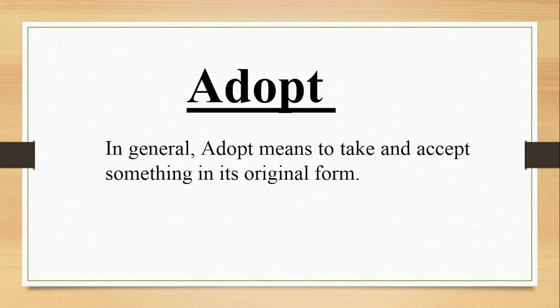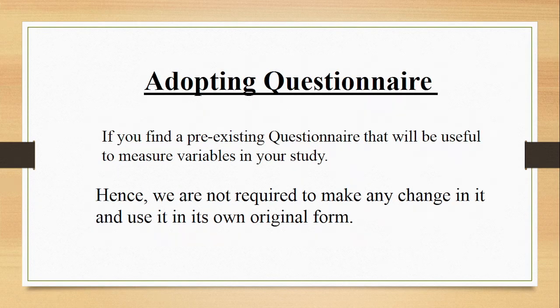In English, generally, the word adopt means to take and accept something in its original form. That is, you are not going to make any changes or make any variation in something, so that is known as the adopt. So what is adopting questionnaire?